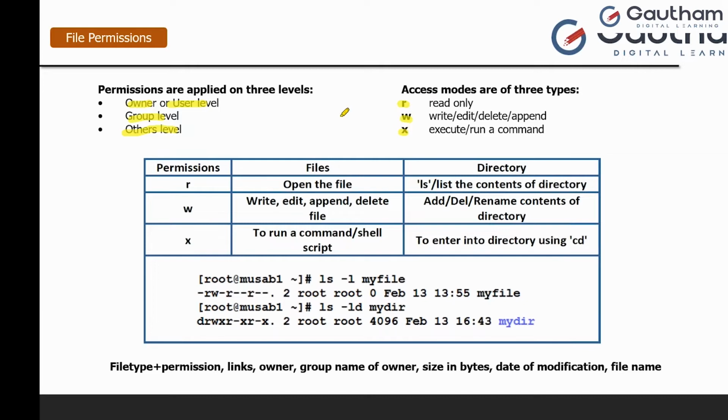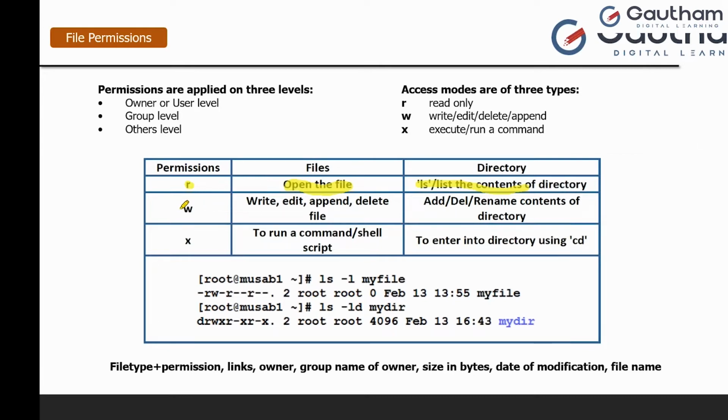Now, what is the effect of read, write, and execute on a file and on a directory? If you apply read permission on a file, people can open the file or view its content. In the same way, on a directory, people can list the content inside the directory. They can see how many files and directories are present inside it.